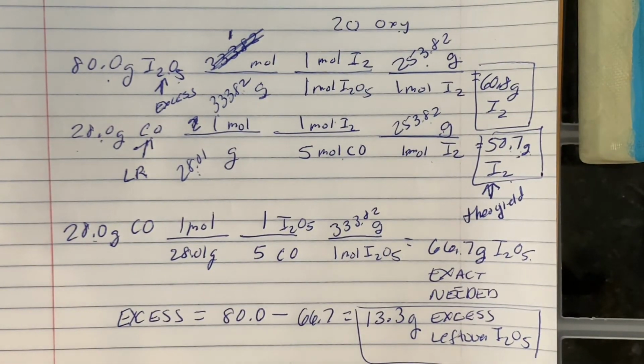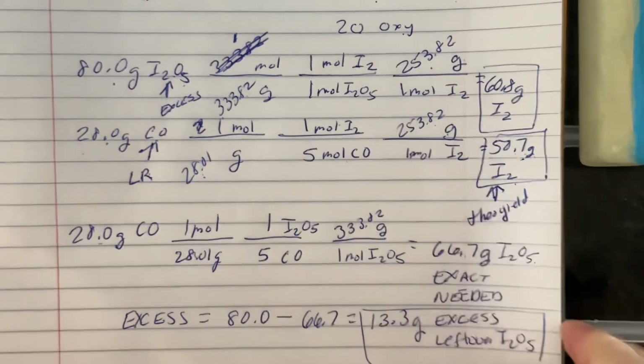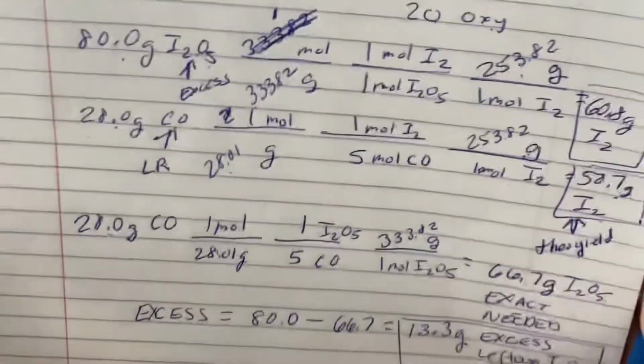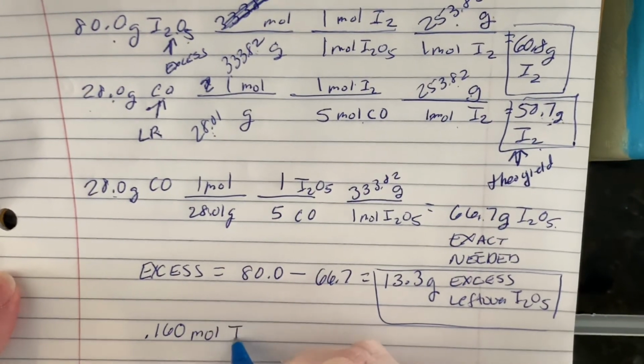Okay, next thing I have to find is my percent yield. So my experiment gave me, from the question, 0.160 moles of I2 produced.